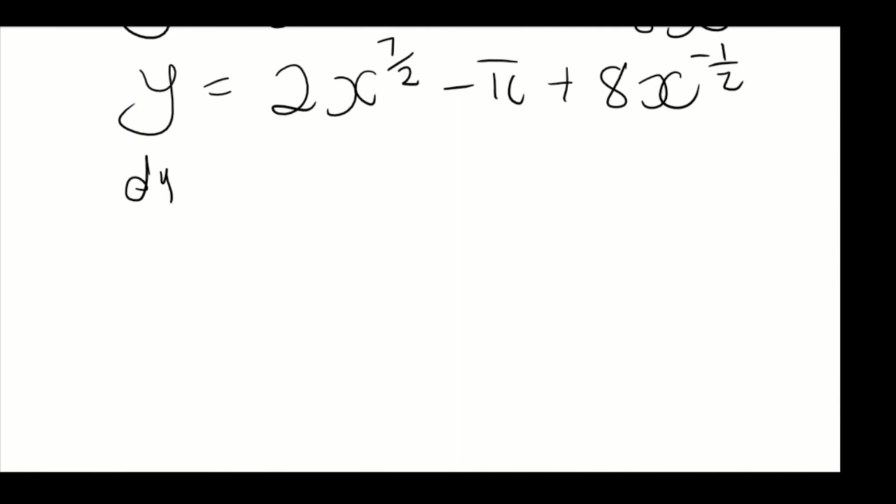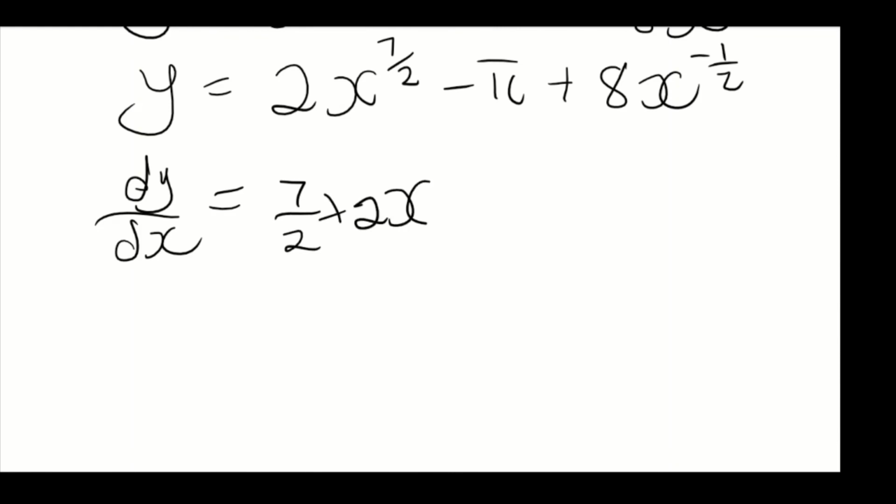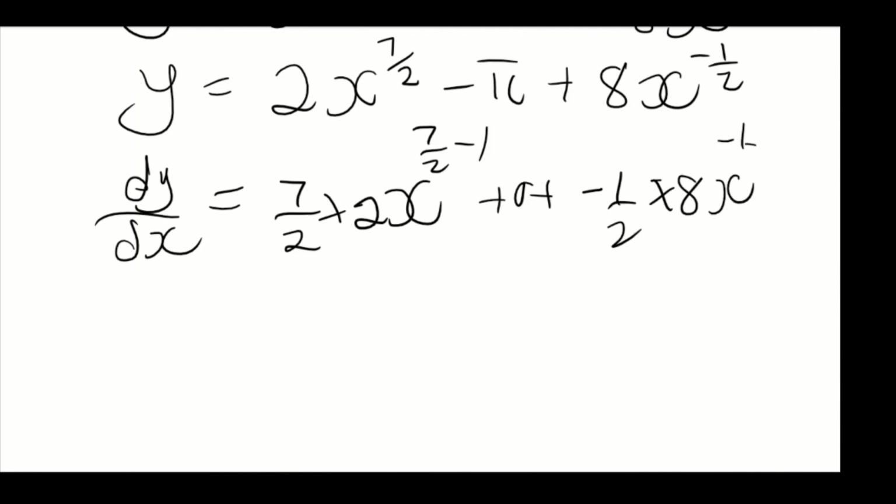So dy with respect to x is equal to, we're going to drop the 7 over 2 multiplied by 2, x to the power of 7 over 2 minus 1, and the derivative of pi is 0, so it's plus 0 plus, and then we drop the minus 1 over 2 times 8x to the power of minus 1 over 2 minus 1.